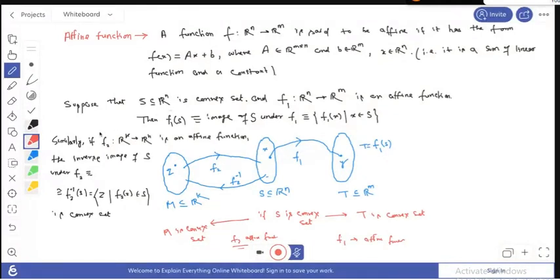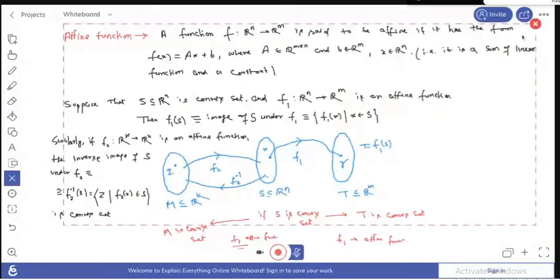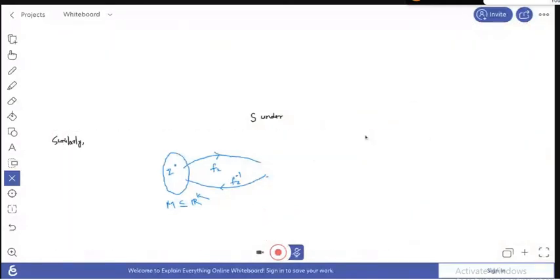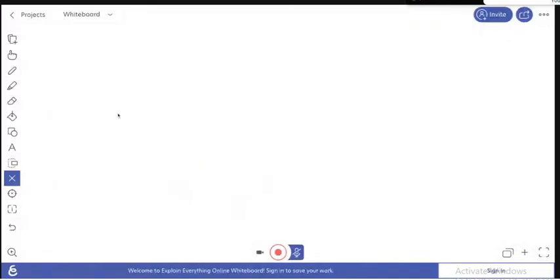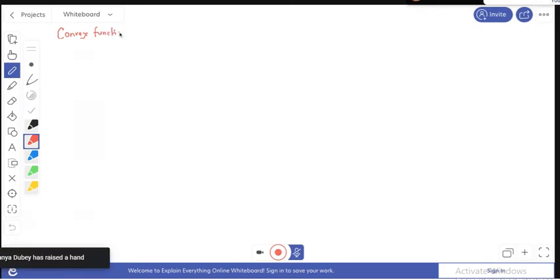So next page we take what is a convex function. Next one is convex function.